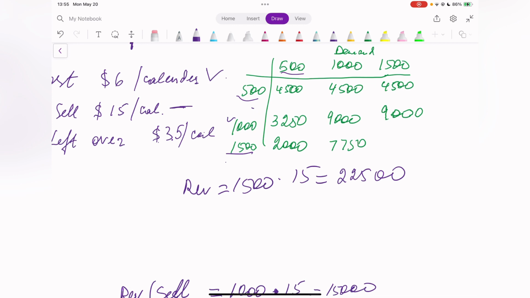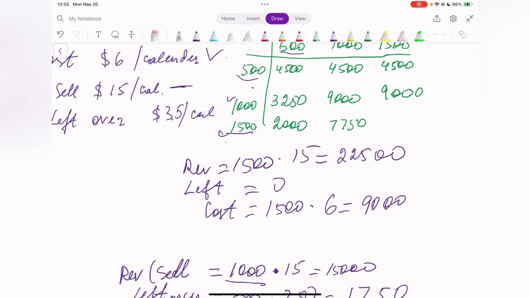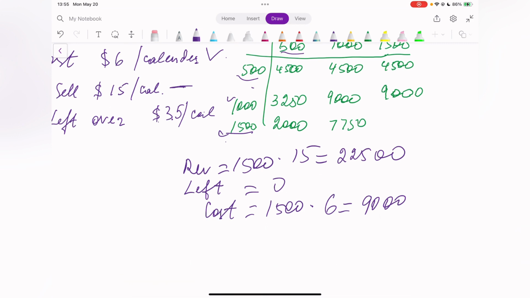Leftover will be 0 because demand 1,500, supply 1,500. Cost is gonna be 1,500 times 6, 9,000. And from here, revenue is gonna be 22,500 minus 9,000. It's gonna be 13,500.